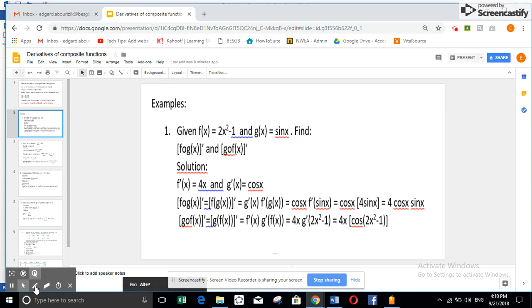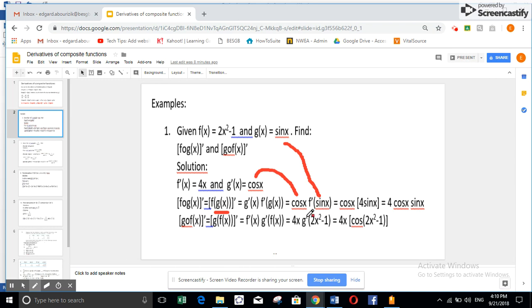So as I said before, I take the derivative of the inner function g and write it outside. Then I put f prime here and I keep g of x as it is. G prime of x, we did it already, it's cosine x, we write it here. F prime of g of x. G of x is sine x, we write it here.